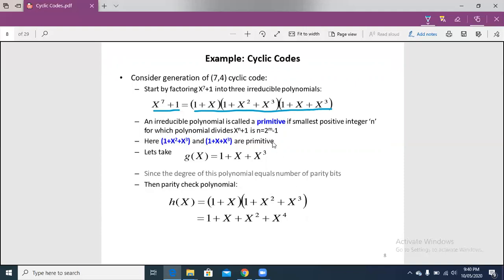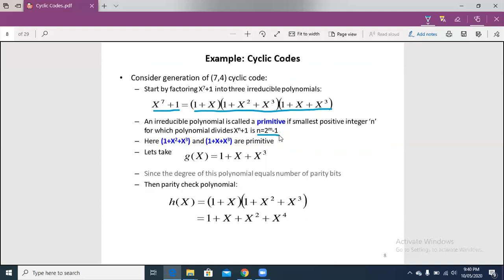So the primitive polynomial is when n is equal to 2 raised to m minus 1. So how will this criteria be satisfied?